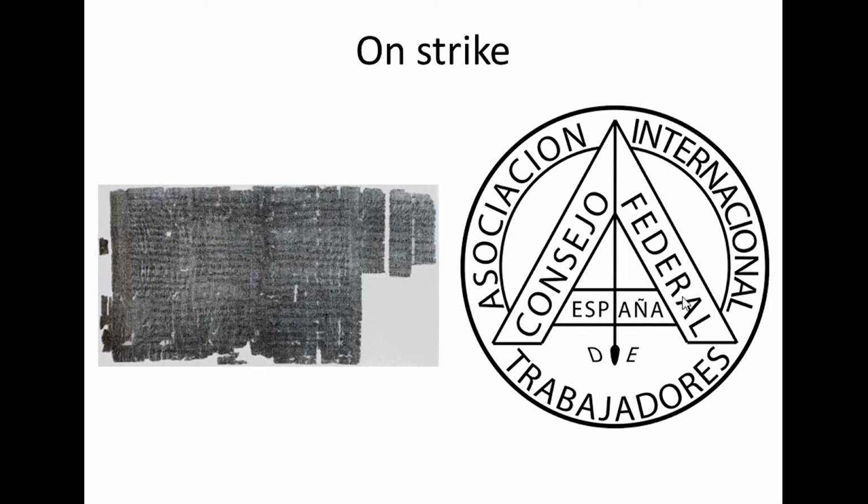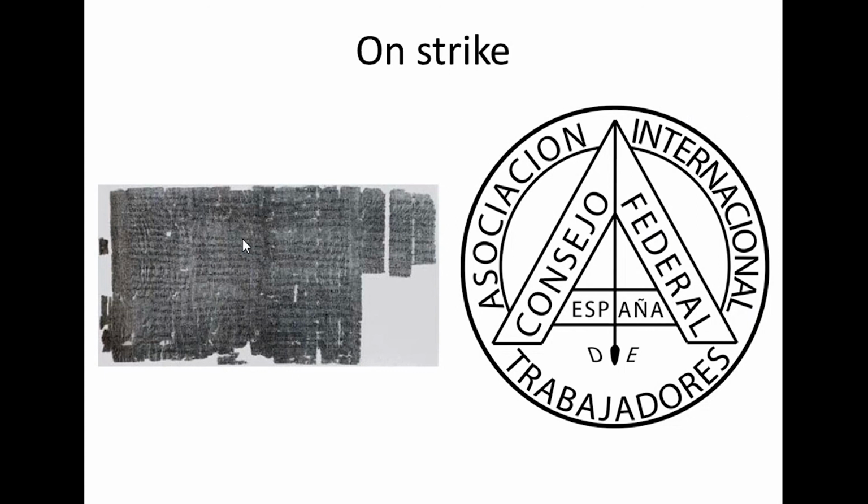The little badge I've just sneaked in here, the square and the plumb bob hanging from it, is from the 19th century, and is the badge of the Spanish section of the First International, one of the first times where workers in modern times were organised for their benefit.